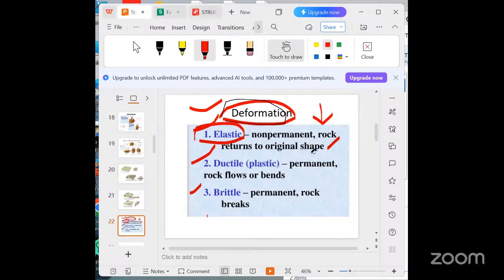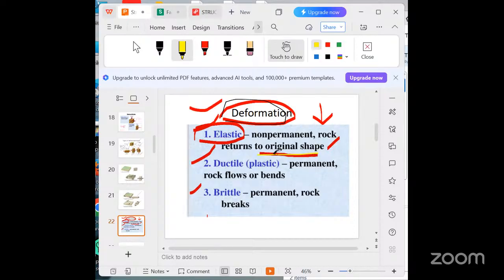If this is exceeded, the body does not return to its original shape, right?